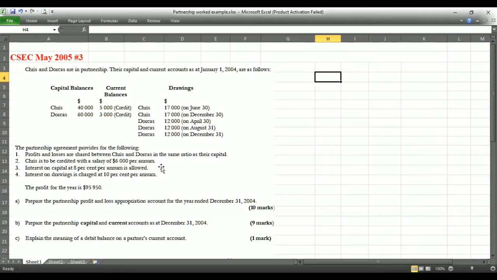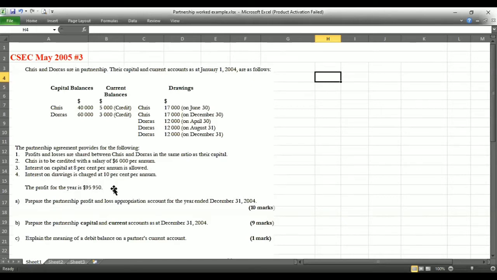Interest on capital is to be charged at a rate of 8% per annum, and interest on drawings is charged at 10% per annum. What we're presented with is the profit for the year, which is $95,950.